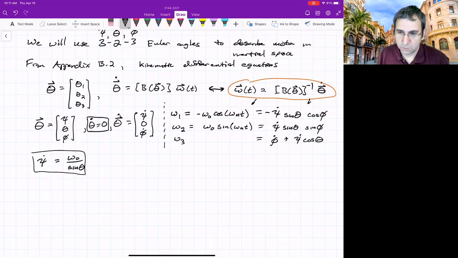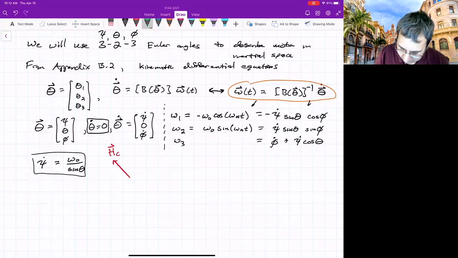And this is the way that the angular velocity is rotating about the angular momentum direction. So if I were to draw the angular momentum direction, and here is my angular velocity, this angle is constant. So that's a theta, but this is moving around.